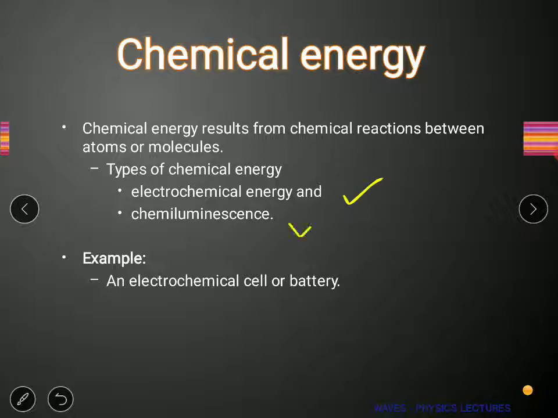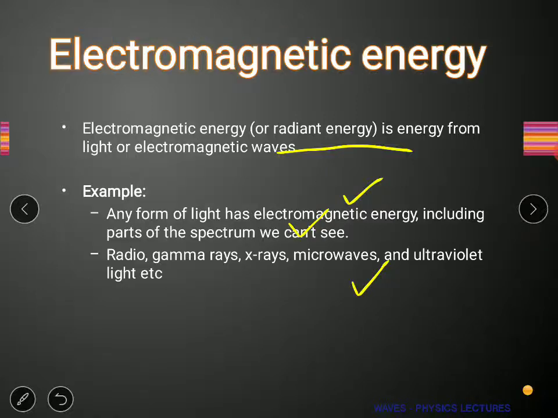So chemiluminescence or electrochemical energy are both examples of chemical energy, resulting from chemical reactions between atoms and molecules, very much self-explanatory. An electrochemical cell or battery, or a jellyfish glowing in the dark, can be an example of chemical energy. Next is electromagnetic energy.